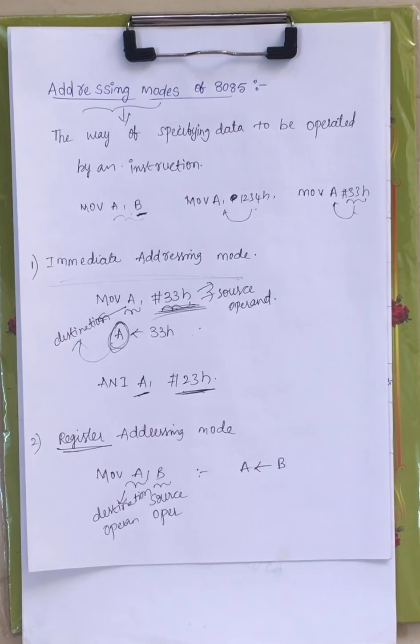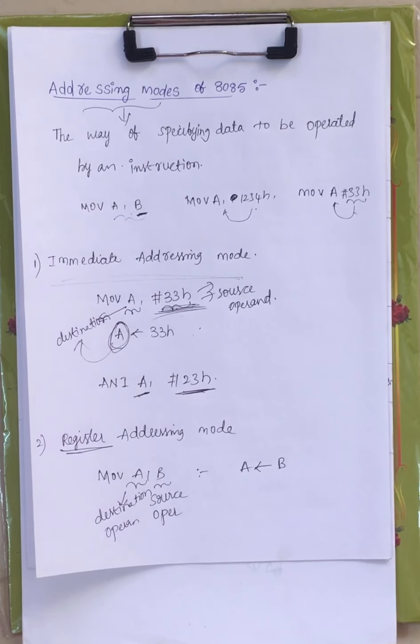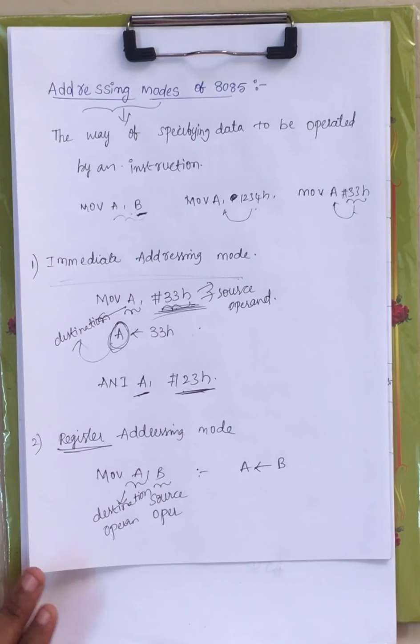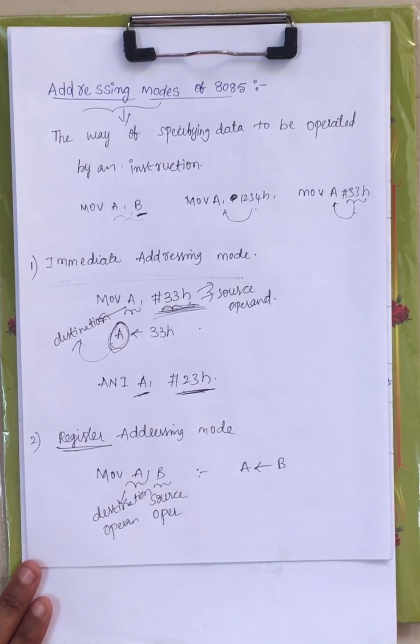Now coming to register addressing mode, in any instruction of 8085, if the source operand is register, all those instructions will come under the category of register addressing mode, right?